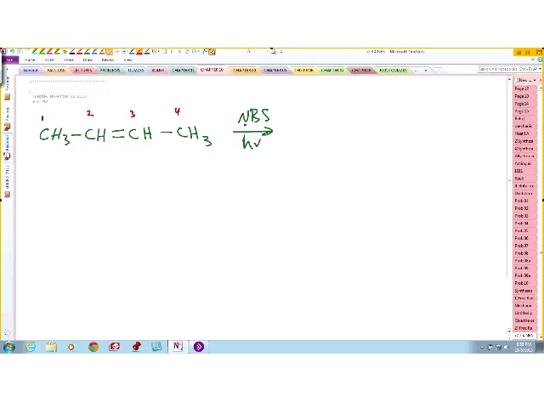So this reagent replaces an allylic hydrogen with bromine. If you look at this molecule here, where are the allylic hydrogens? On carbon 1 and carbon 4. Therefore, I will expect this product here.